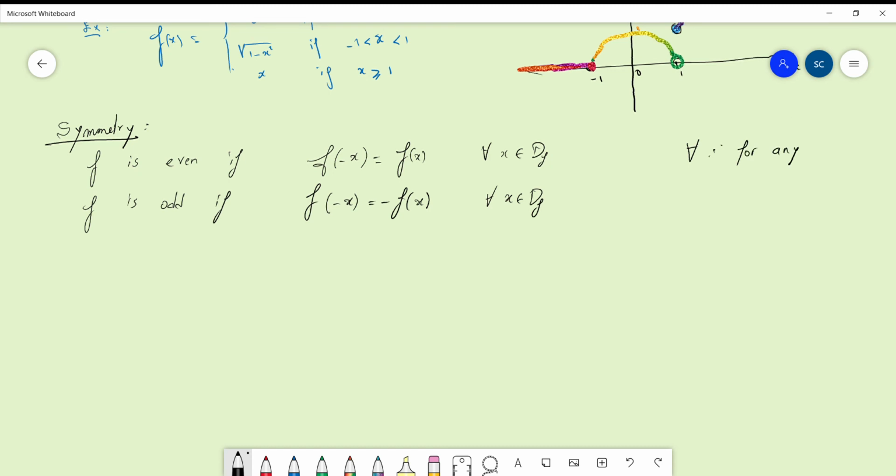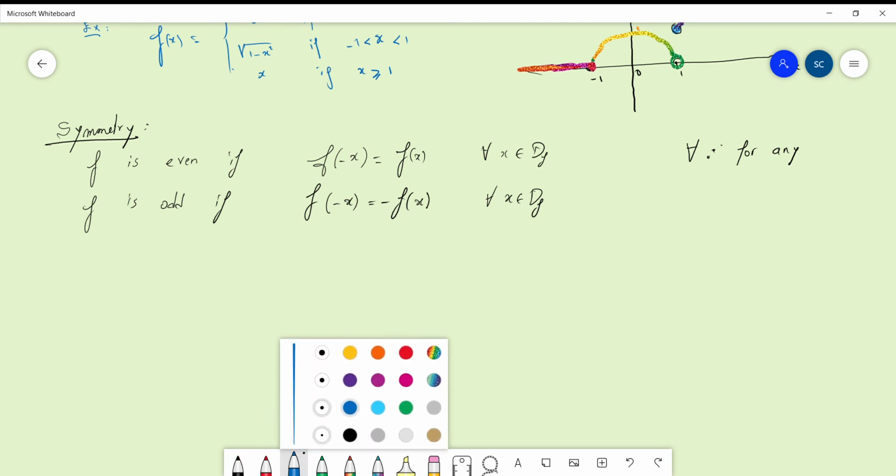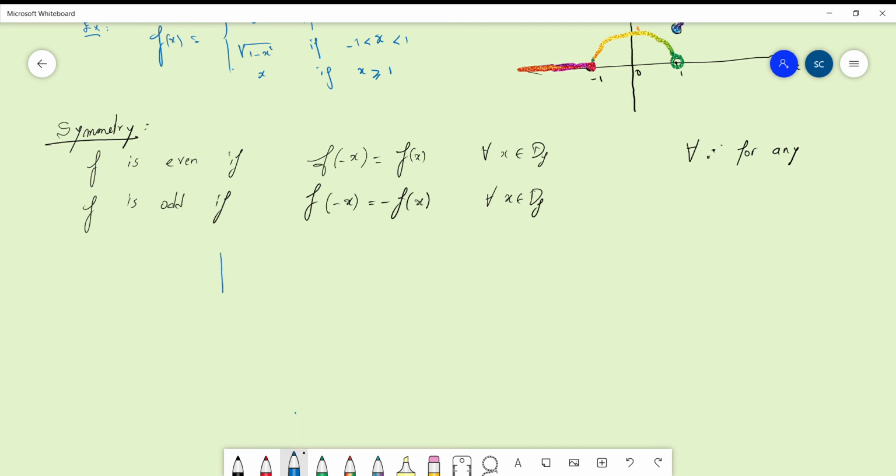Now let's see what a function that is even looks like. Let's interpret these relations. Graphically, what happens? Look at this, what can happen as a consequence of an even function.